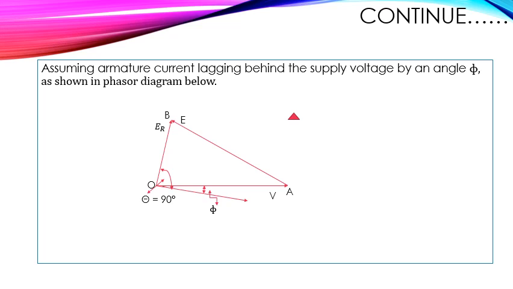Then show the vector, that is impedance drop ER, at 90 degree to the current vector, and then the resultant is E. So according to the phasor diagram in triangle AOB, we can get the equation E square is equal to V square plus ER square minus 2 V ER cos of (90 degree minus phi).